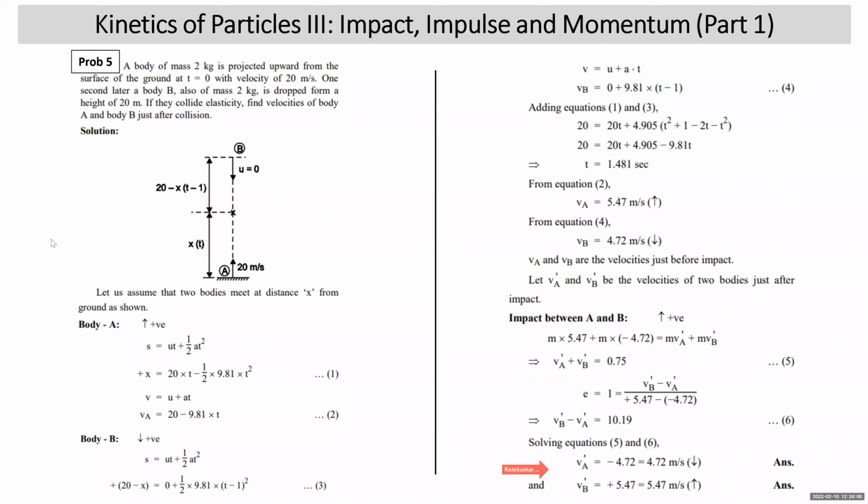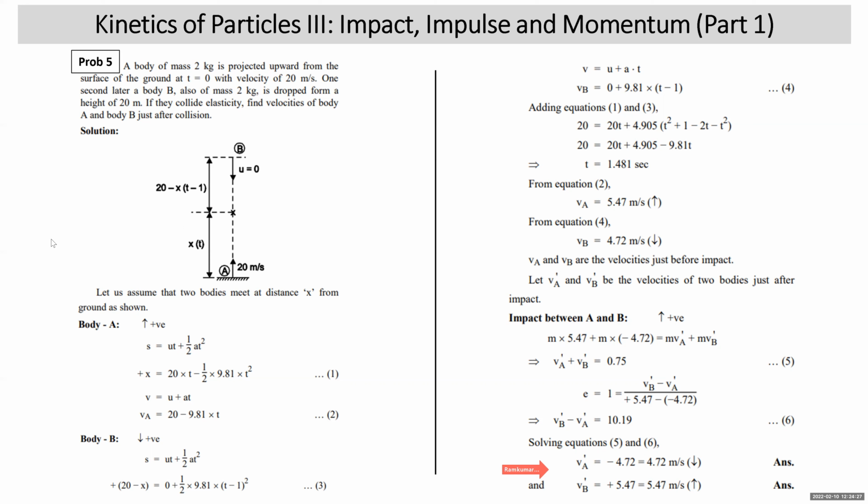All right, students, we have already done 4 problems. In these 4 problems, we saw that we were given the velocities of the two bodies just before impact, and we were required to find the velocity of the two bodies just after impact. But at times the problems of impact are clubbed with the concepts of rectilinear motion.